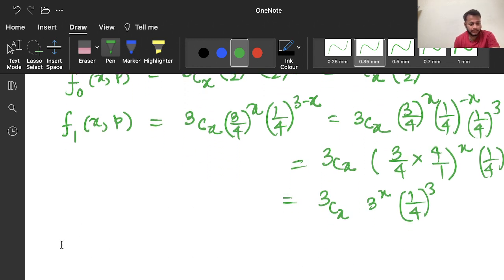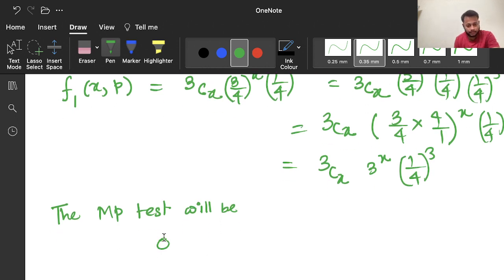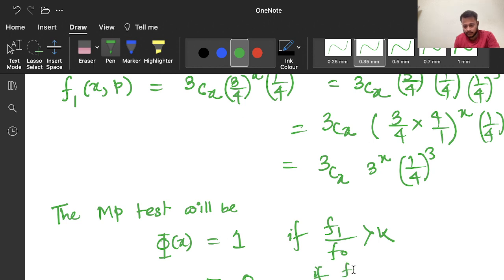Now the MP test will be: phi x is reject the null hypothesis with probability 1 if f1 by f0 is greater than k, or equal to, accept if it is less than k.